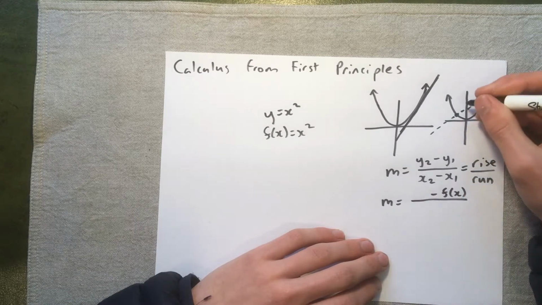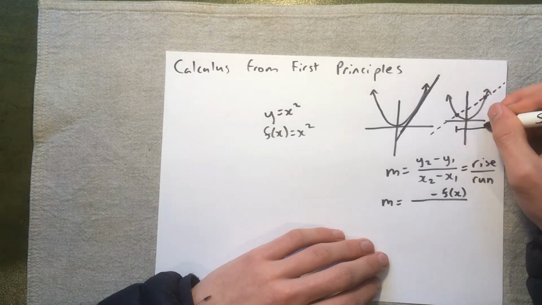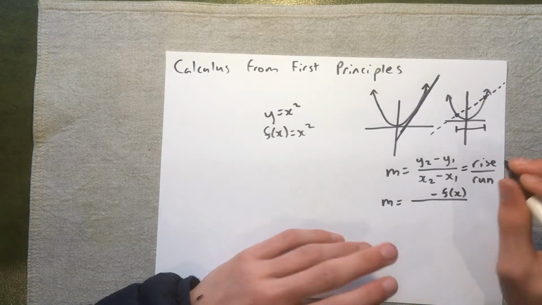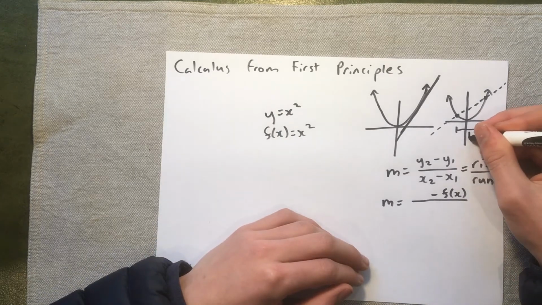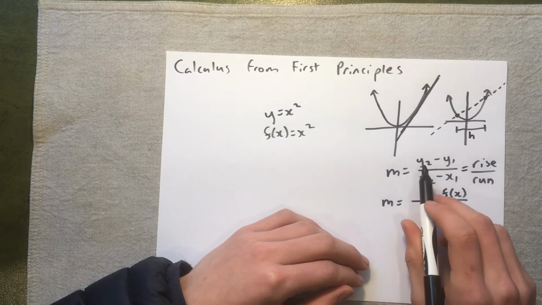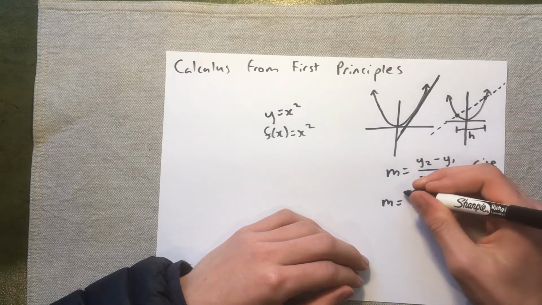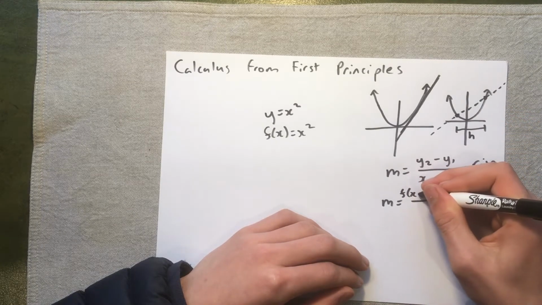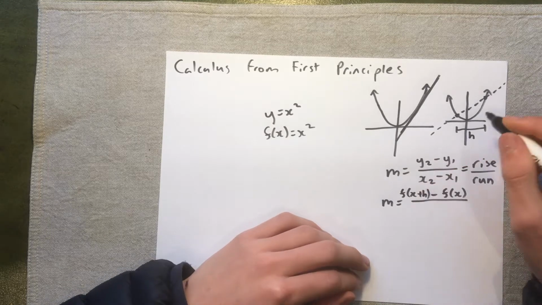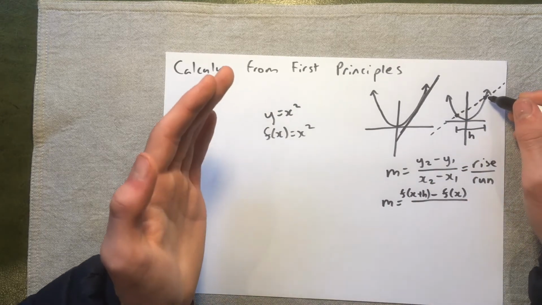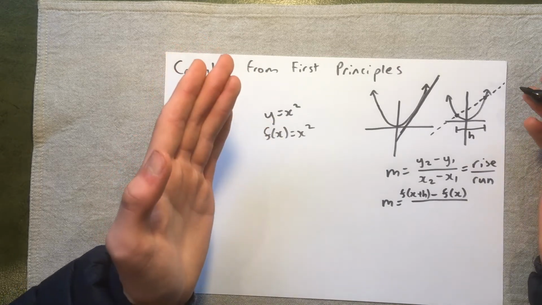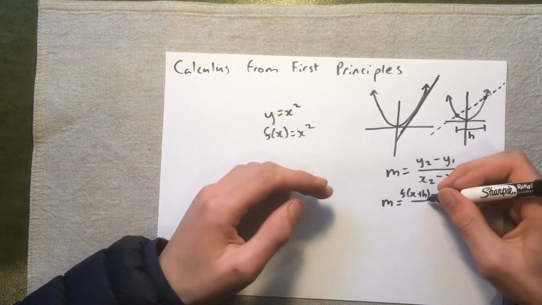Now we need a way to quantify the distance between them if we're going to use the function notation. So if we call the distance between these h, we can call y2 the function of x plus h. If we add h to this x coordinate here, and then we take the y value for that, that is essentially just going to be the function of x plus h. It's as simple as that.